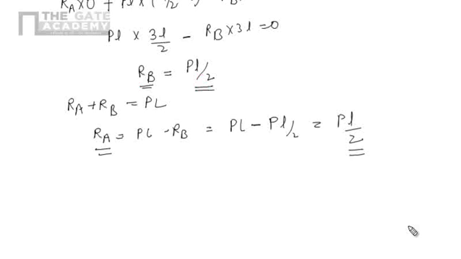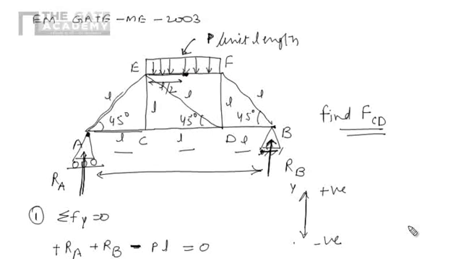Now if you see this diagram, we can say it is symmetrical because the load is acting at the same distance from both the ends. So the reaction will be half of the total loading. So by this way also we can easily find out the reactions here.